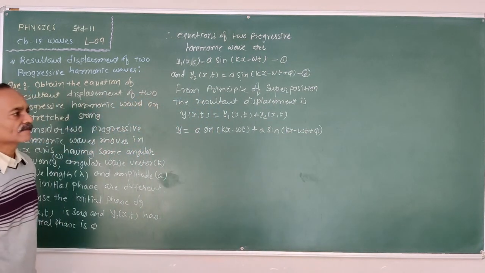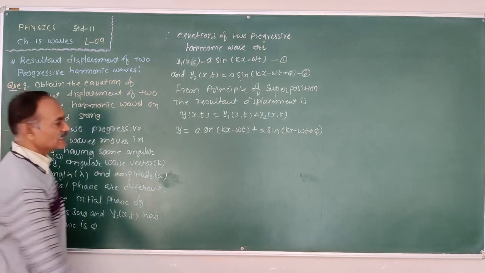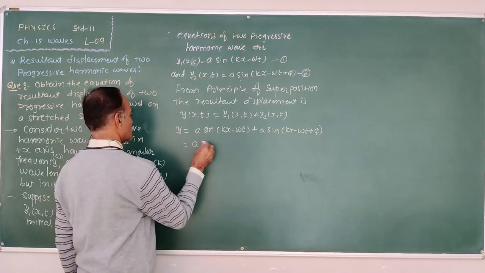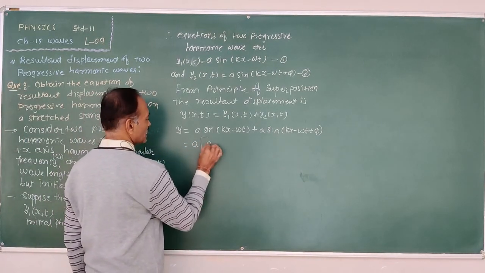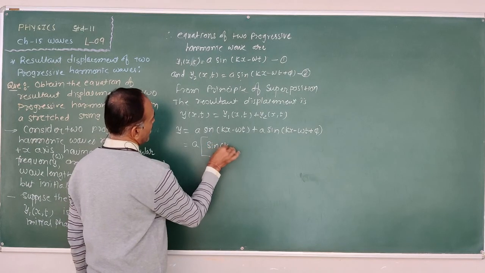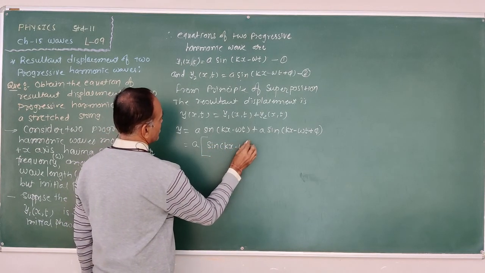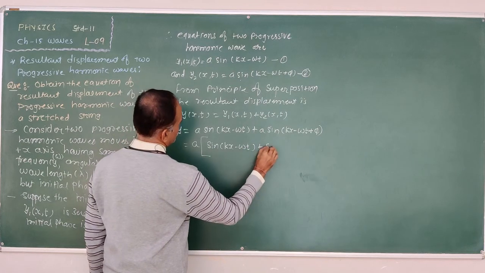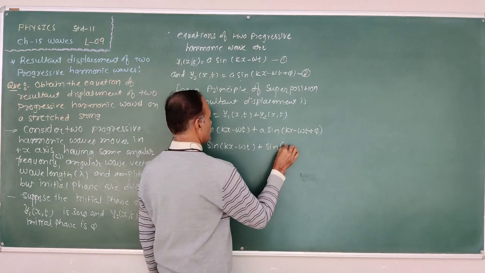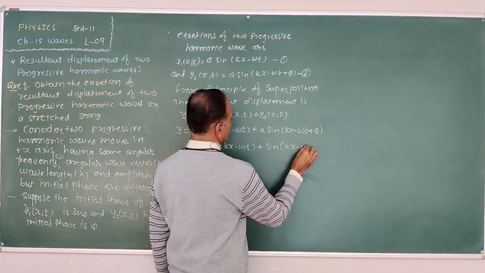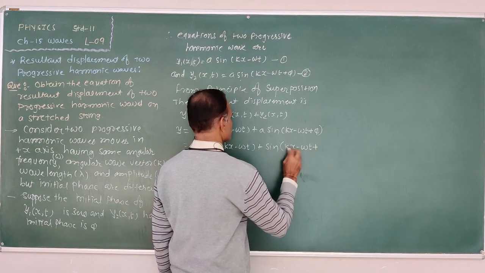Clear this? Now a is common, so the remaining part is sin(kx - omega t) + sin(kx - omega t + phi).